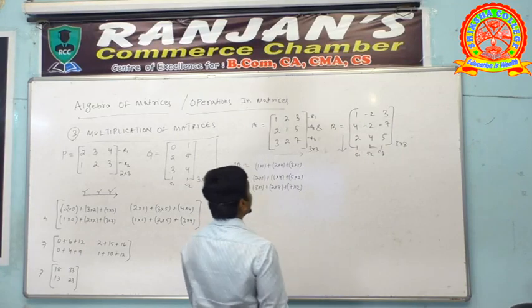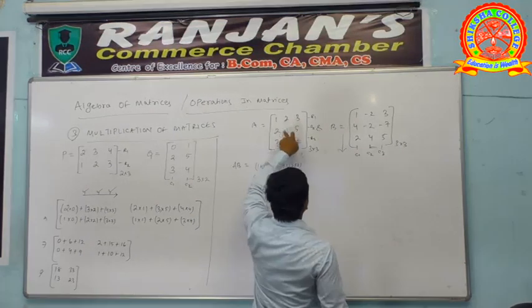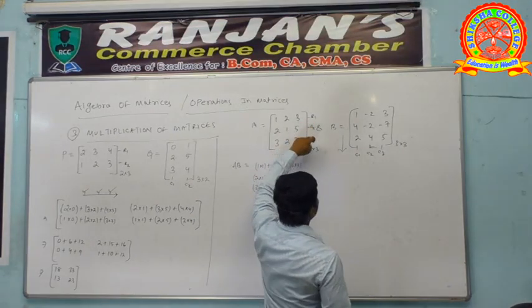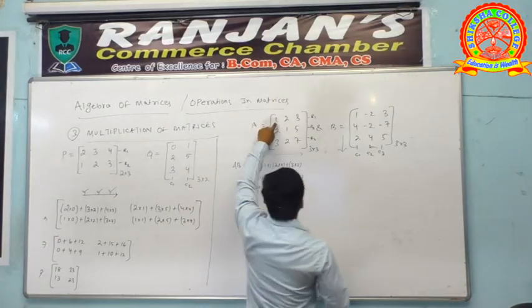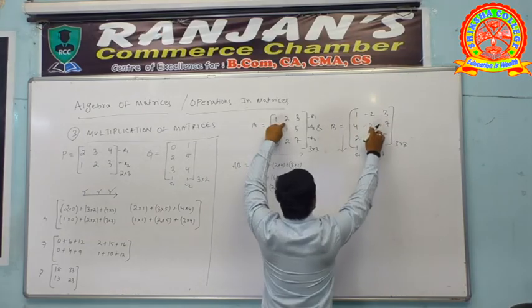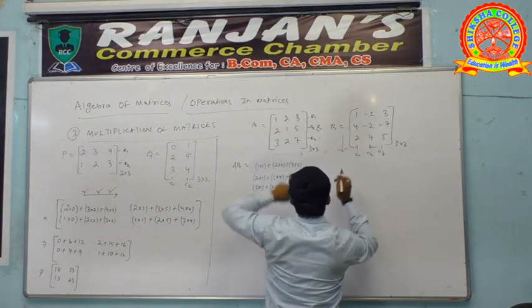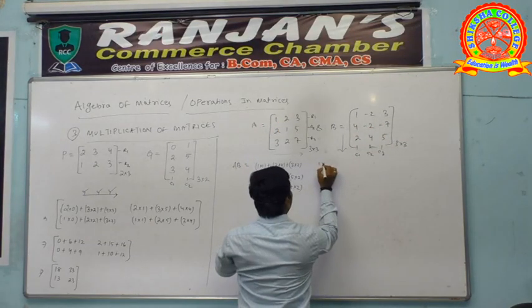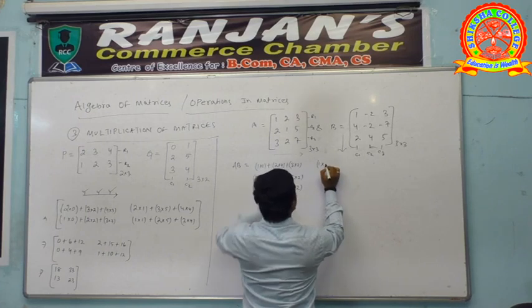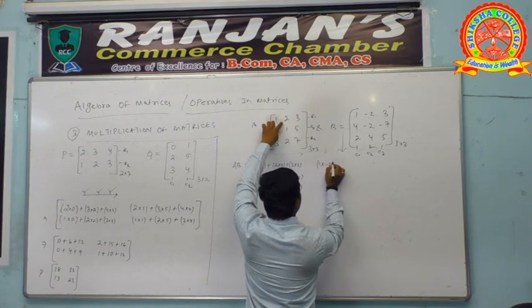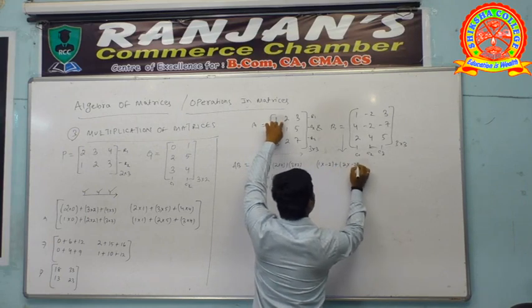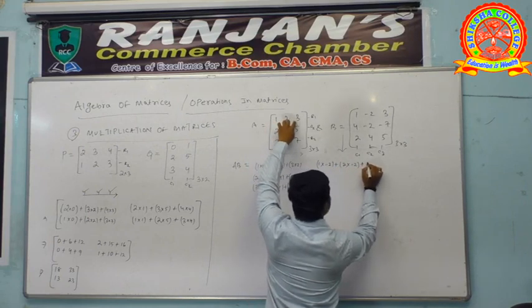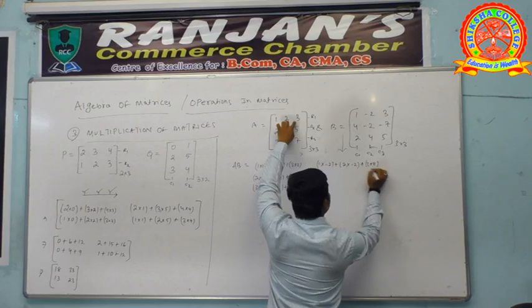Next, now row 1, row 2, row 3 are multiplied with the second column. Like 1 into minus 2, 2 into minus 2, 3 into 4. So 1 into minus 2 plus 2 into minus 2 plus 3 into 4.